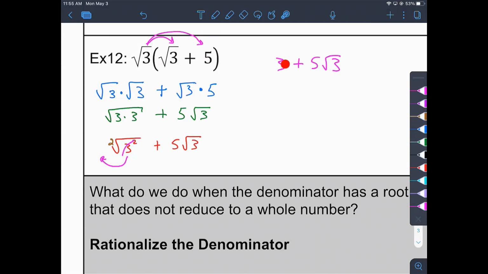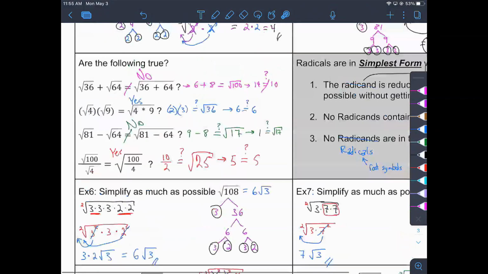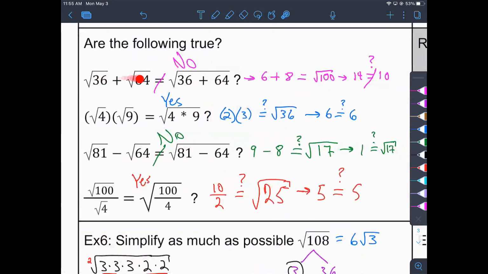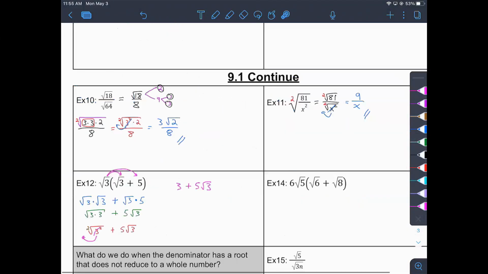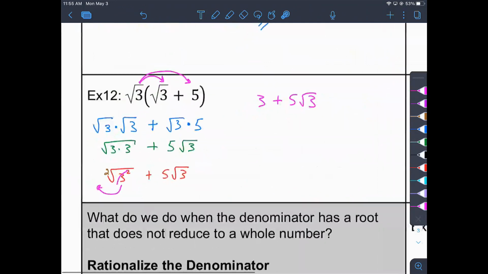Now, can they combine together? No, they cannot. An example of that was in the previous video, where you had two different roots, and they could not combine in any way. We will learn in a following video how you can combine when it's possible to do so.